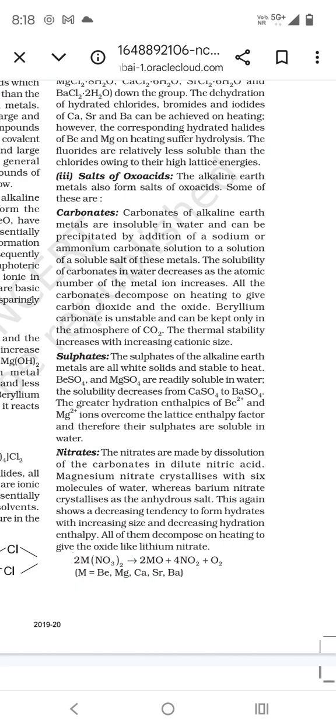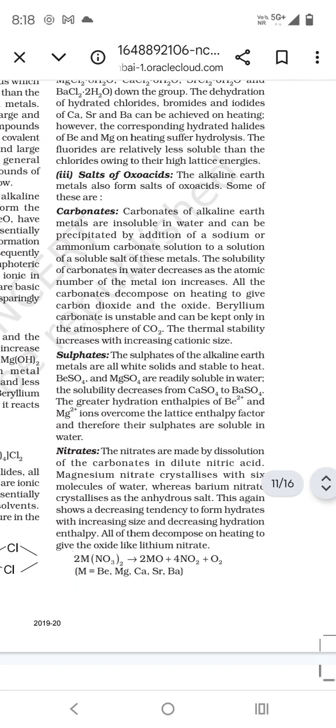The solubility of the carbonates in water decreases as the atomic number of the metal ion increases. All carbonates decompose on heating to give carbon dioxide and the oxides. Beryllium carbonate is unstable and can be kept only in an atmosphere of CO2. The thermal stability increases with increasing cationic size.